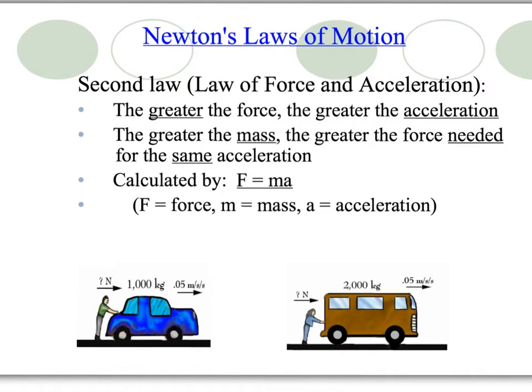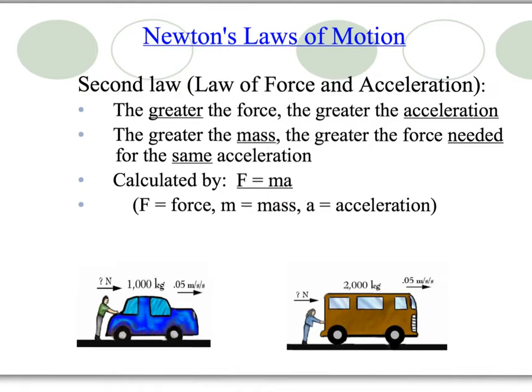So you will often see Newton's second law of motion shown with this formula, which we will be doing calculations with. Force is equal to the mass of an object times acceleration. Oh, I'm sorry, I messed that up. Force is not in kilograms.